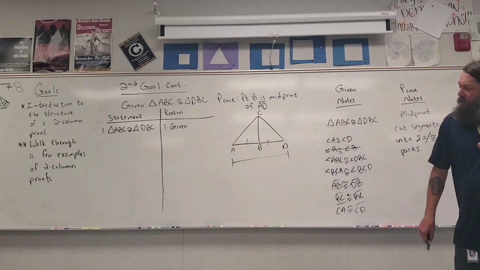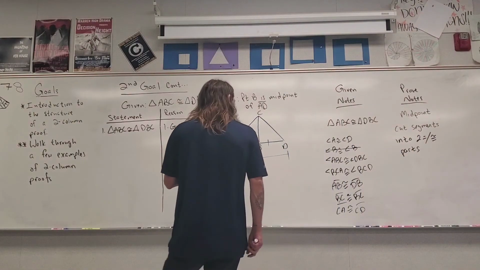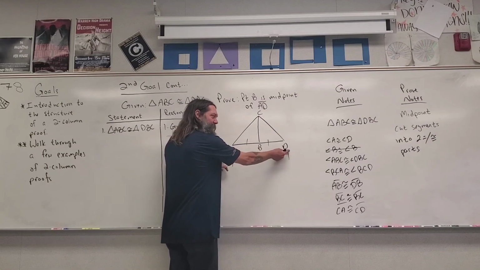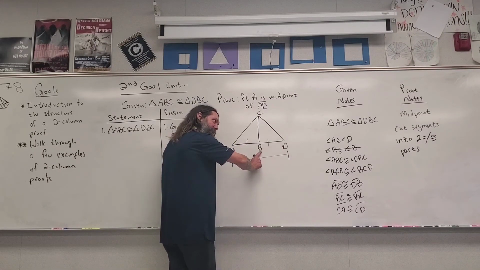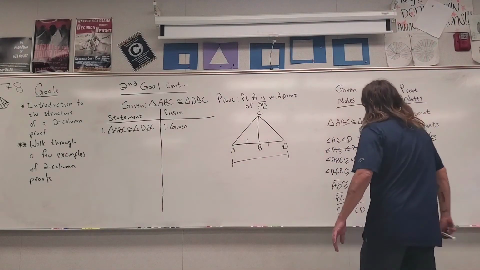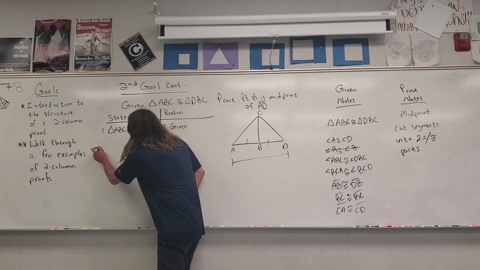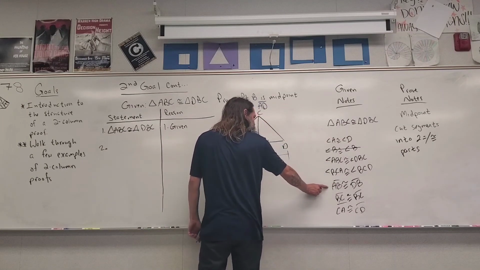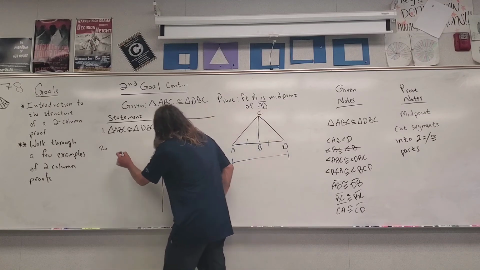So again, let me walk you through the argument that I'm going to have here. I can say these are the same, which means this got cut in half, which means that that's a midpoint, and I'm done. Right? So I know that, and I don't need all this. I'm only interested in segment AB being congruent to segment DB.